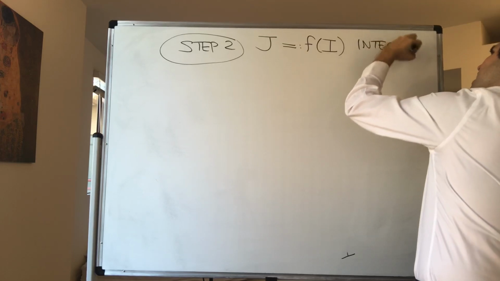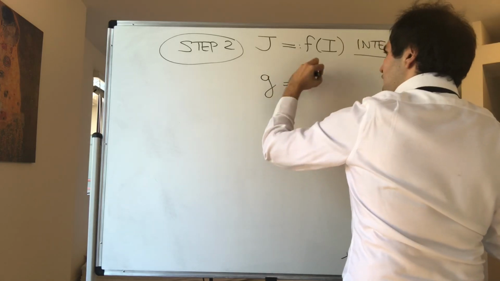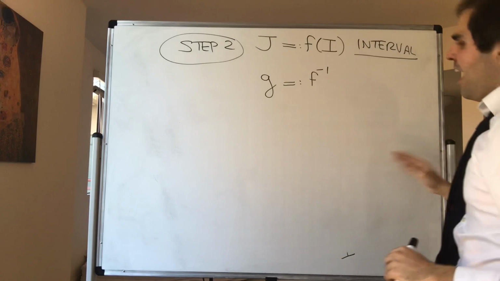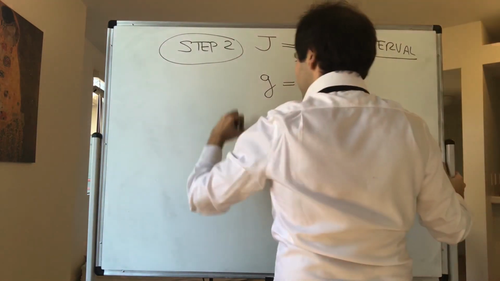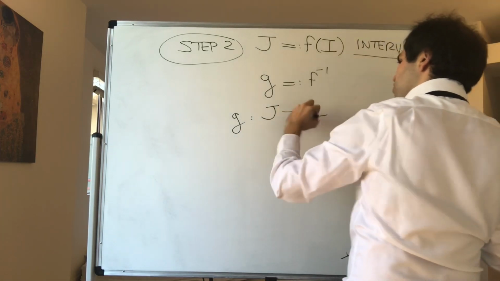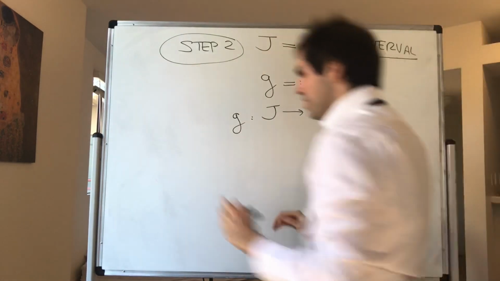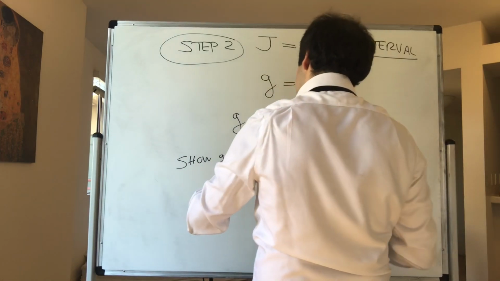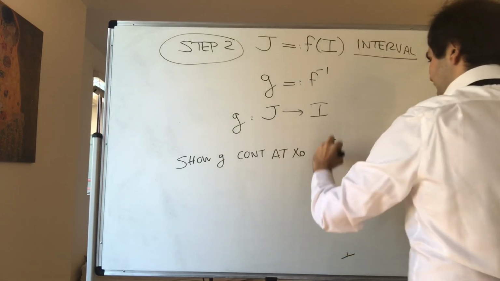So J is an interval, and also let's call f inverse just g. So g is from f of I to I, so from J to I, and what we have to show is that g is continuous. So show g is continuous at x naught, and that's for all x naught in J.